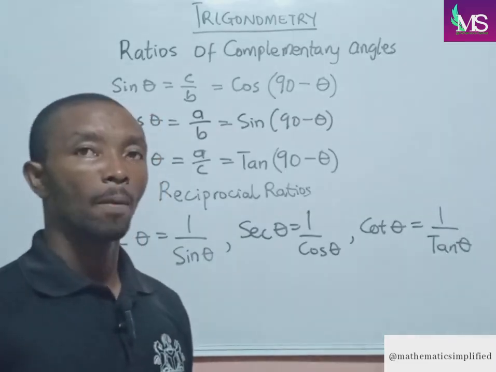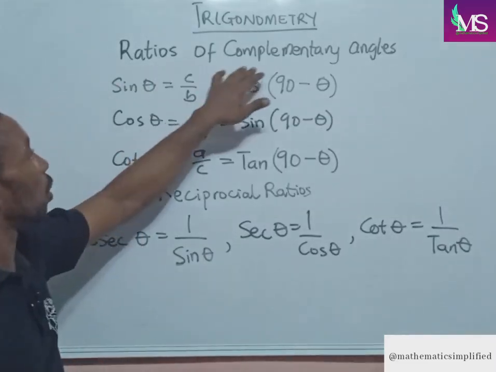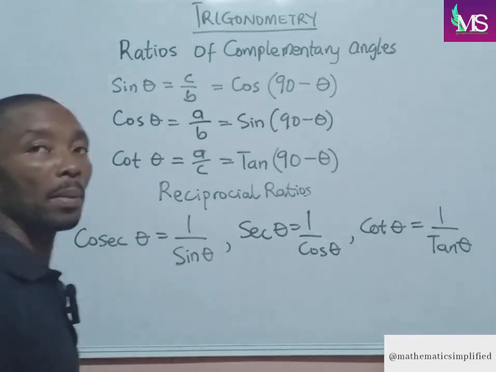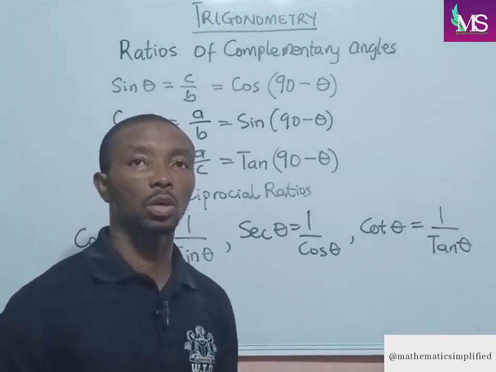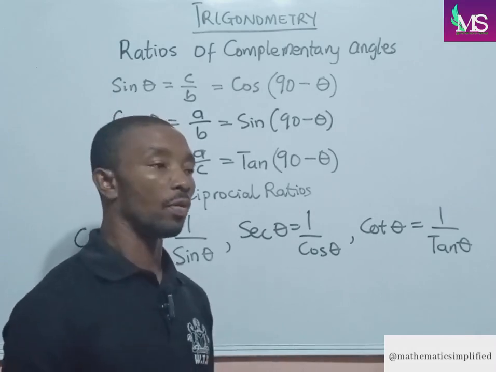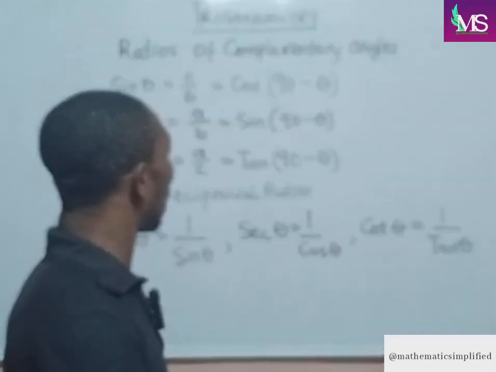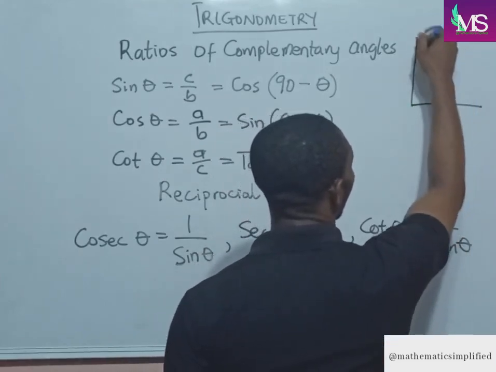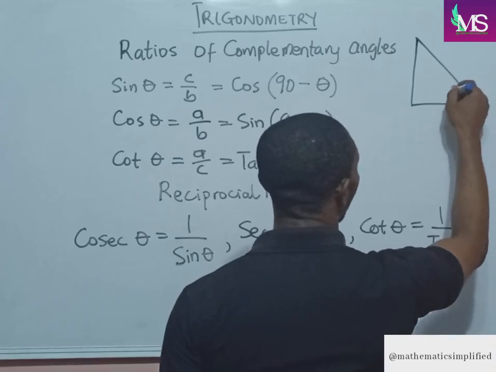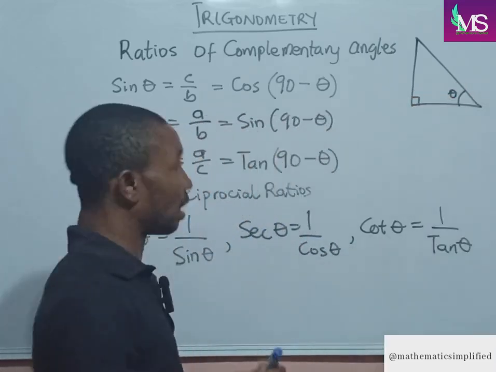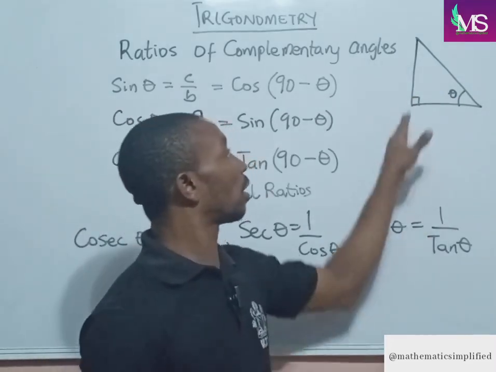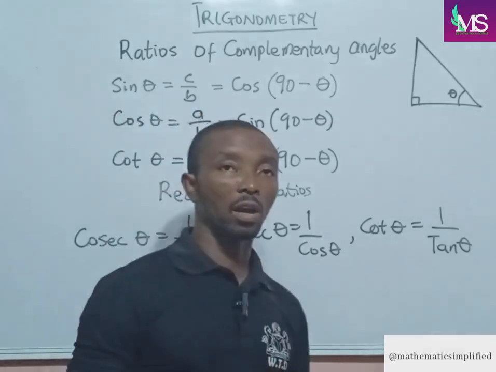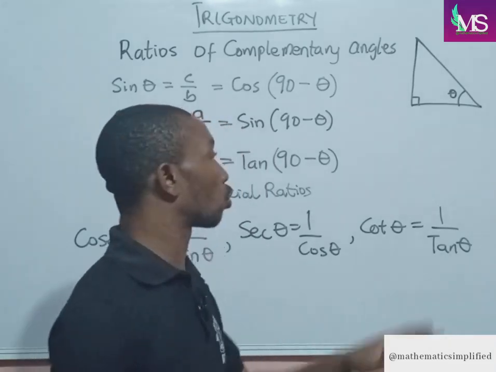Talking about ratios of complementary angles. Complementary angles are two angles that sum up to 90 degrees. So in a right angle triangle, if this is theta, we know that in every triangle, the sum of the three angles is 180 degrees.